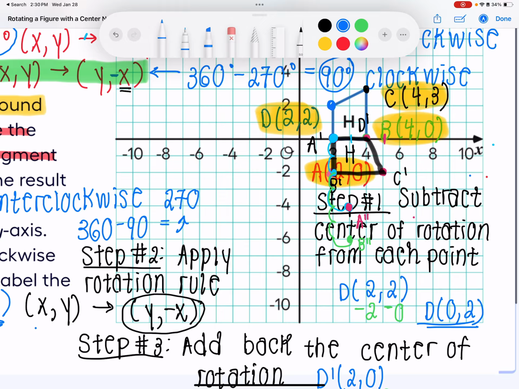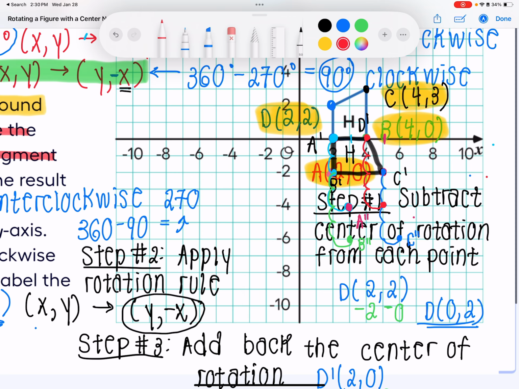And I'm going to do that with every point. So I'm going to locate C prime. I'm going to go down 1, 2, 3, 4, and I go to my right 1. So this is C double prime. And lastly, I have D prime right here. I'm going to go down 1, 2, 3, 4, and go to my right 1.